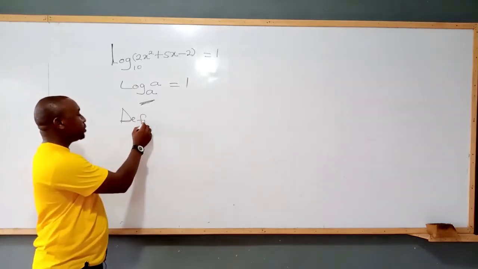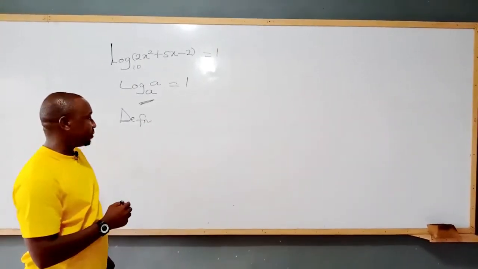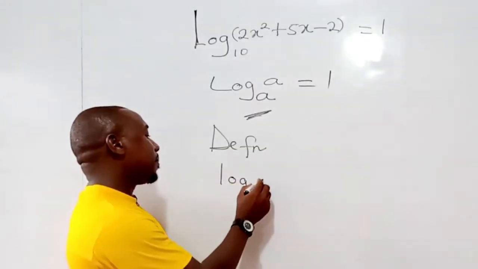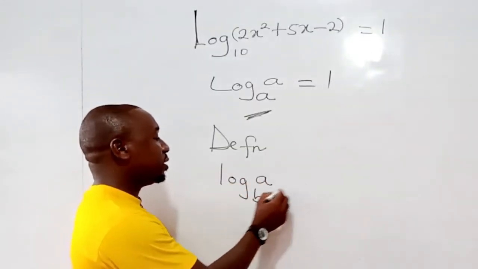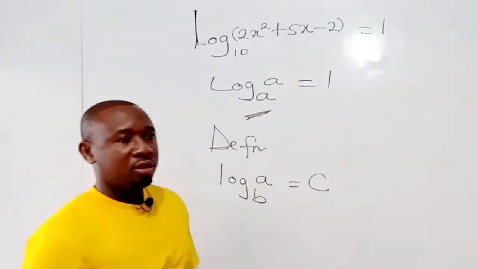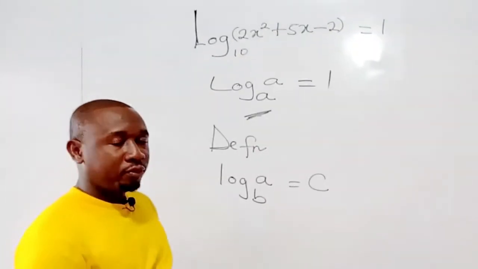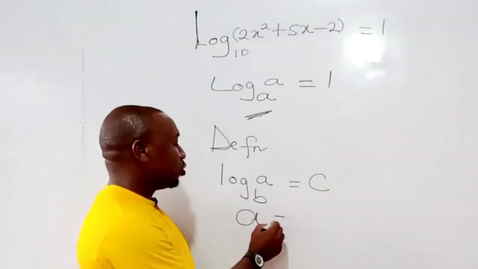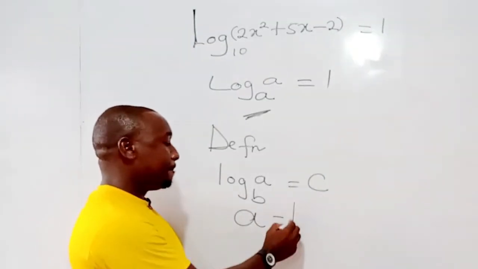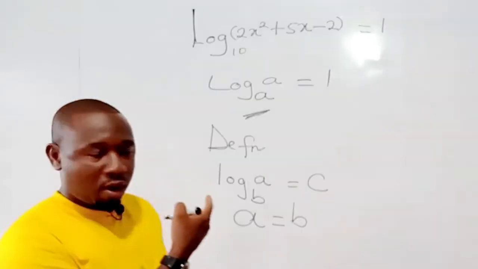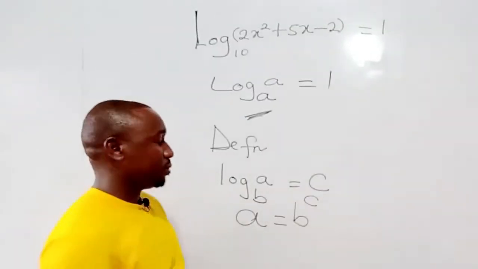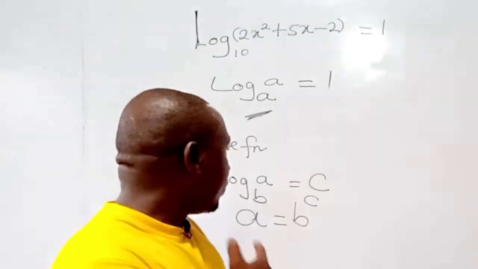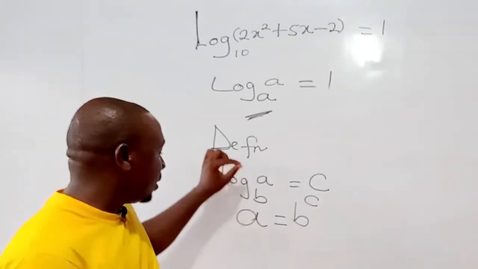And what do we mean by the definition of logarithm? If we have log of a to the base b is equal to c, by definition, we are saying that a is equal to b to the power c.